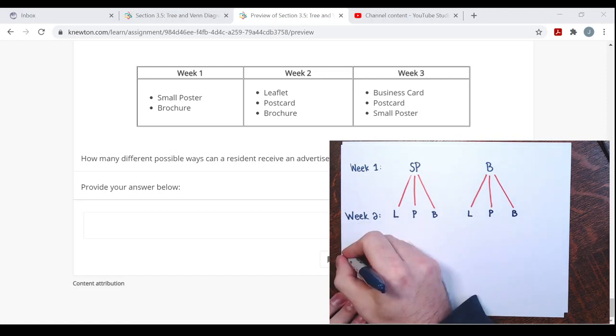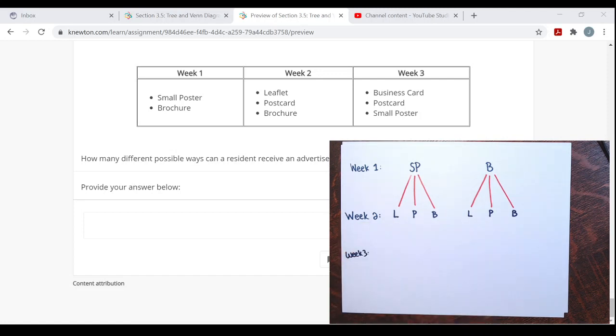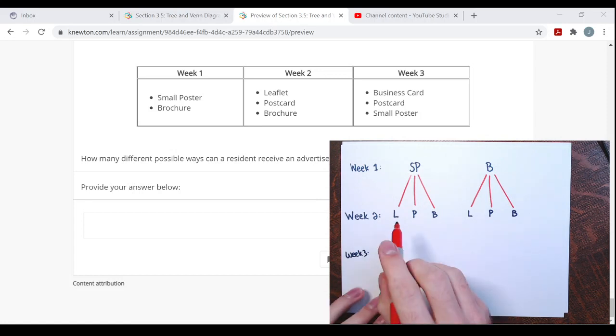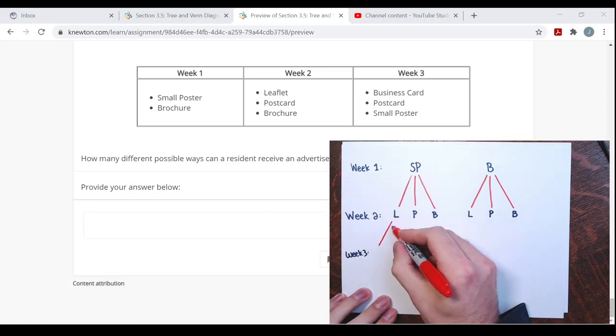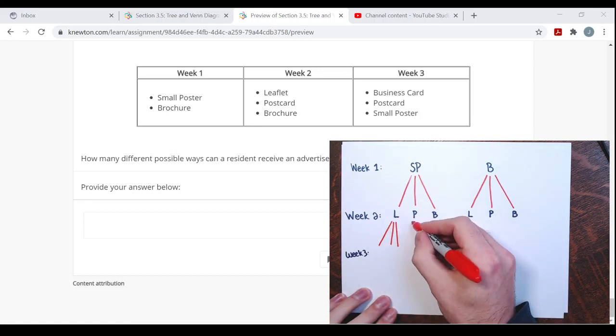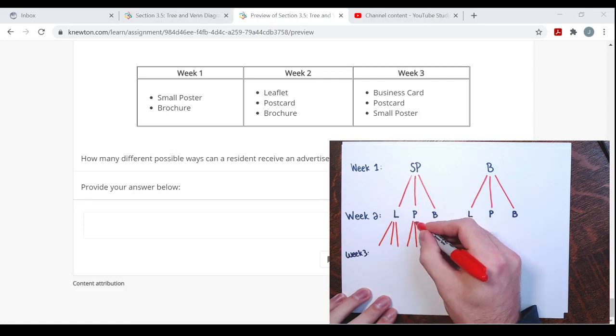Then in the third week, they're giving out, again, one of 3 things: a business card, a postcard, or a small poster. So each of these outcomes from week 2 is going to get 3 branches, because again, you have 3 choices every single time.